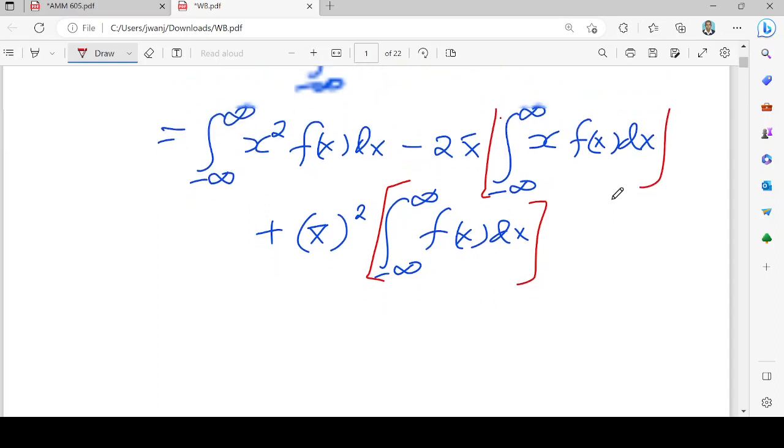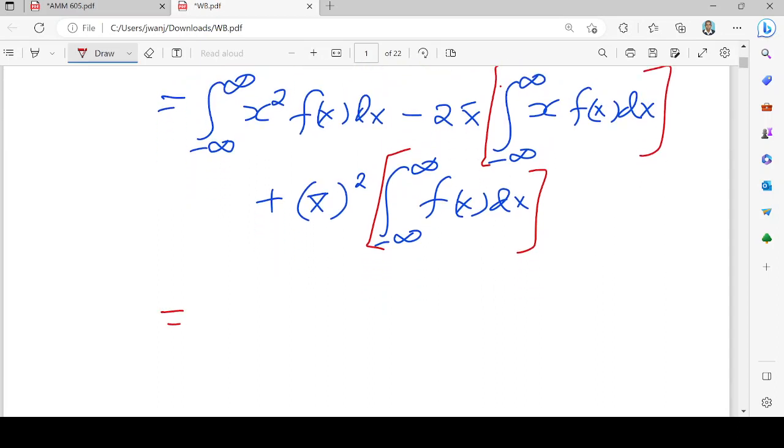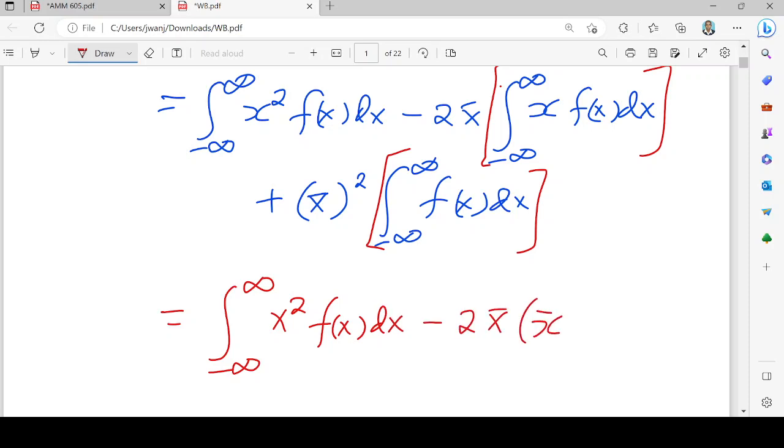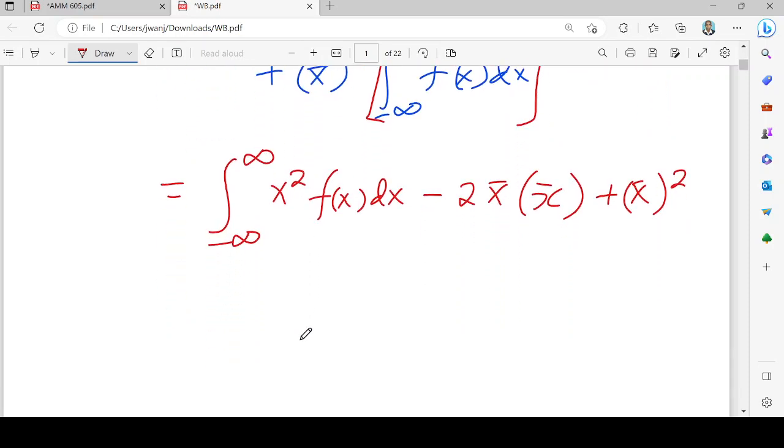So in this case, we can note that this is equal to the integral from minus infinity to infinity of x squared f(x) dx minus 2 x bar times x bar, then plus x bar squared. So this integral here is equal to x bar, and this is equal to 1, so the result just becomes x bar squared. Now we can simplify this.